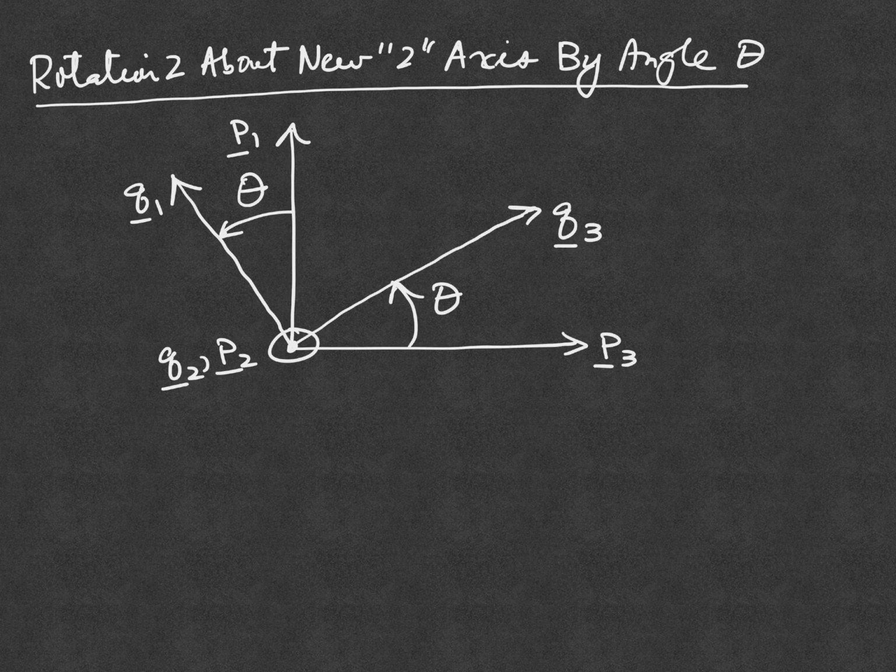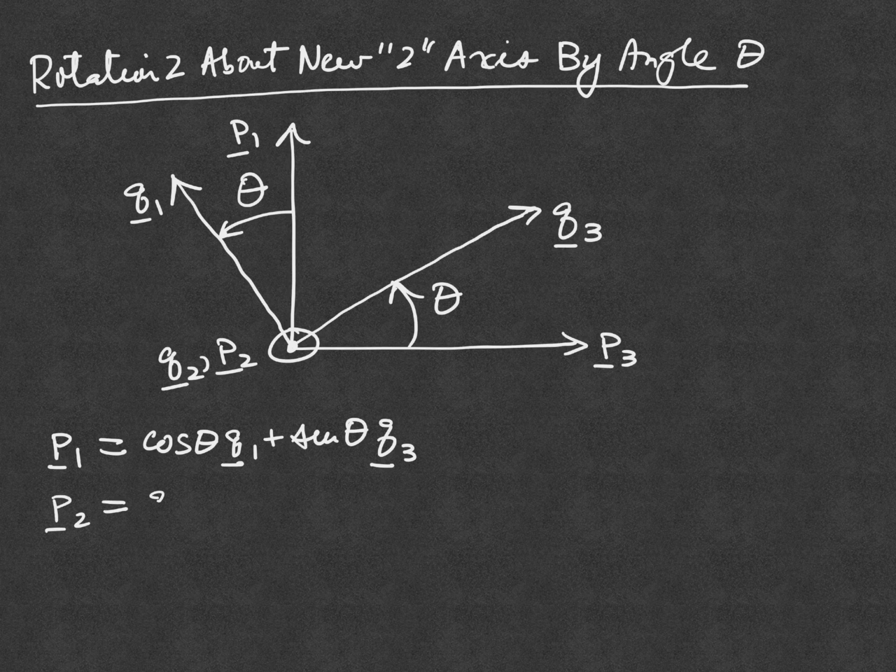Now, given these relationships, I have that P1 is equal to cosine of theta times Q1 plus the sine of theta times Q3. P2 is equal to Q2, and then P3 is equal to minus the sine of theta times Q1 plus the cosine of theta times Q3.